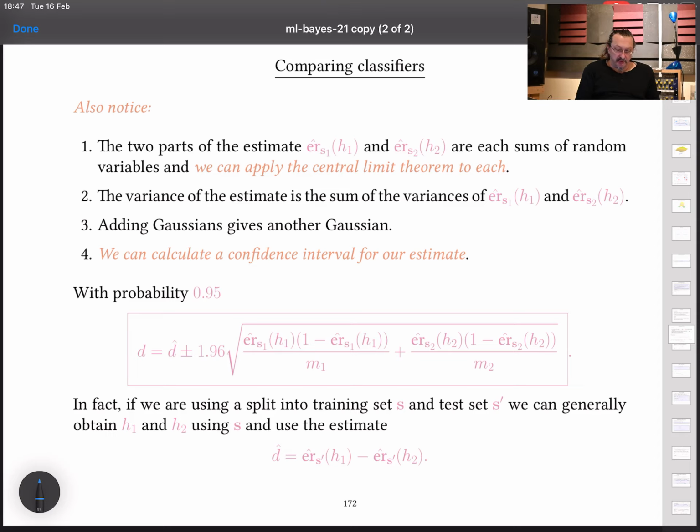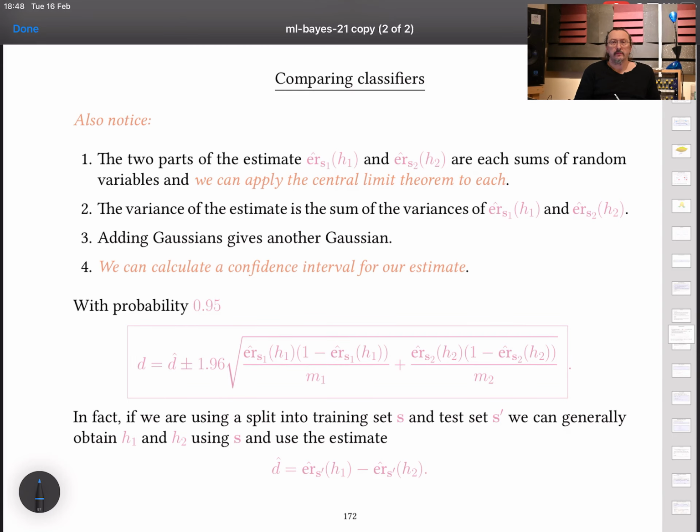And so in the boxed expression here, all we have in here is the estimate of the variance for d hat, okay, which has two components which are calculated in exactly the same way as we calculated or estimated the variance for a single estimate of generalization error for one classifier H. Okay, this part of the expression is exactly as it was before.